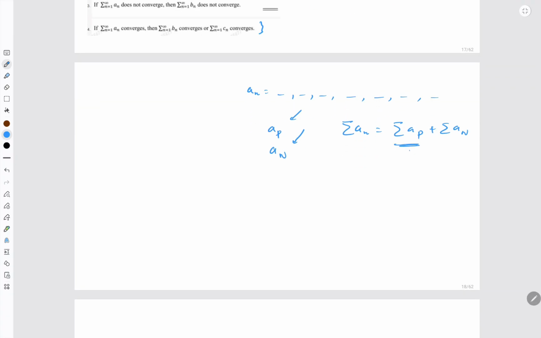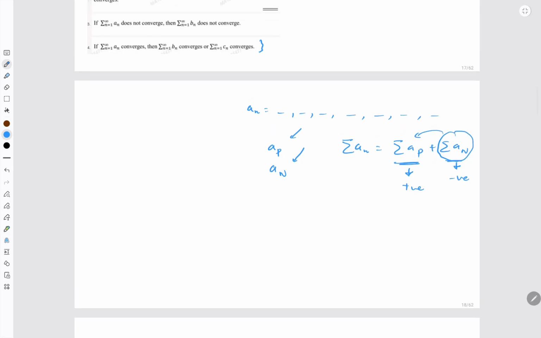So sigma a_p is positive, sigma a_N is negative, so these negative numbers are cancelling positive numbers, and that is why the series is converging. That may be one reason that the series is converging, right? Because converging means what? Attaining a value. Sigma a_n is attaining a value. That is the meaning of convergence.